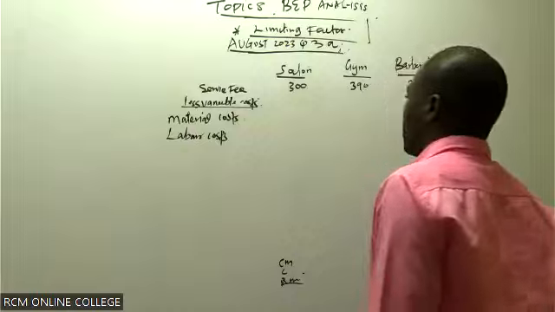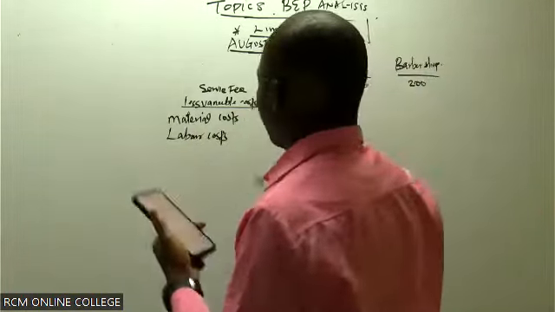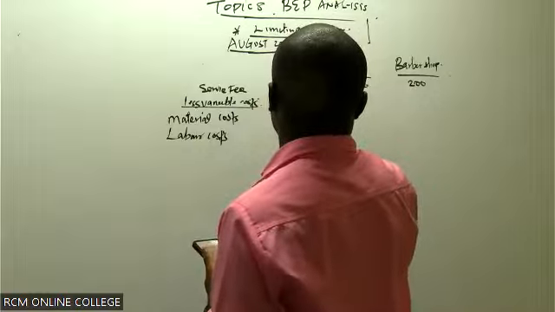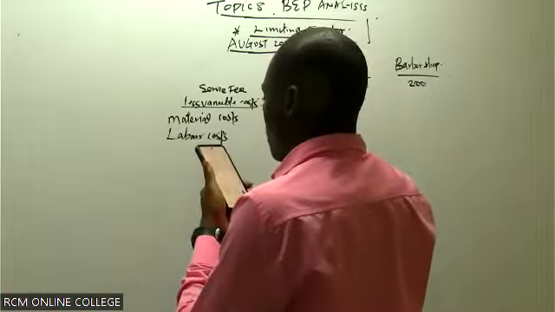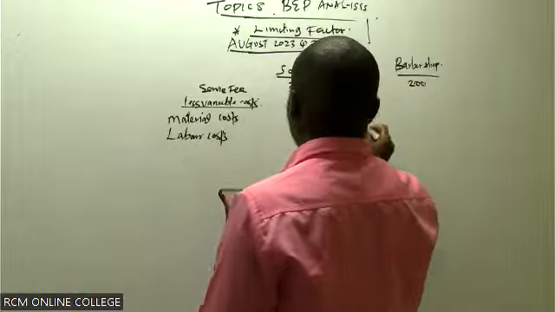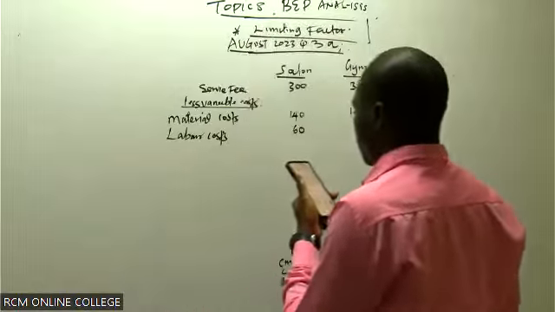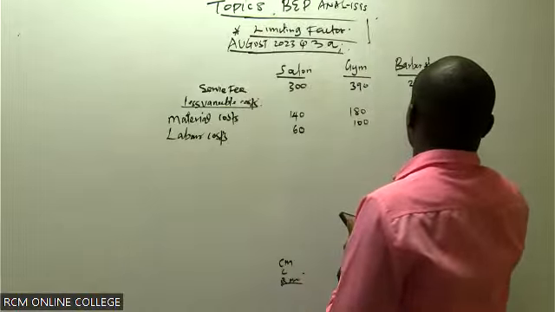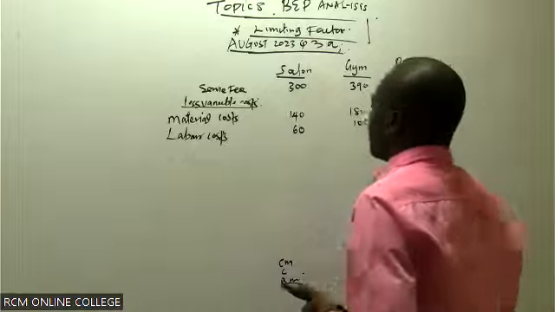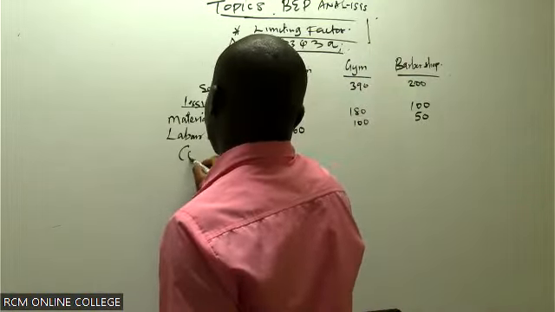We know that they are variable. Now, our variable material cost is 140.60. We have 180, 100. We have 150. If that is done, we are going to get what we call contribution.